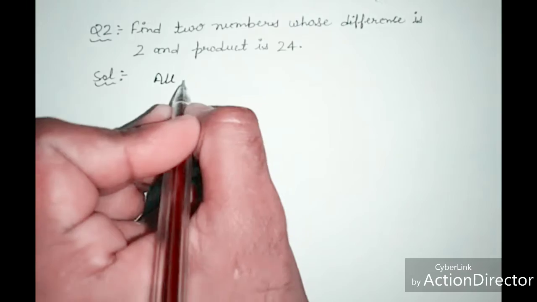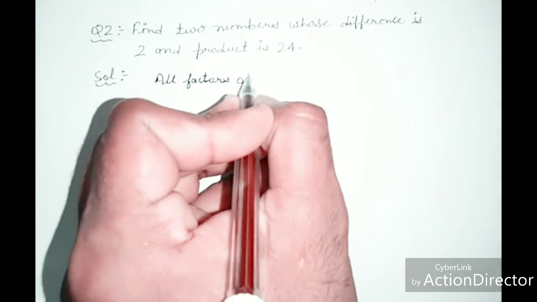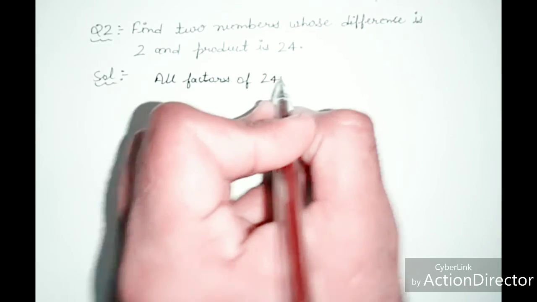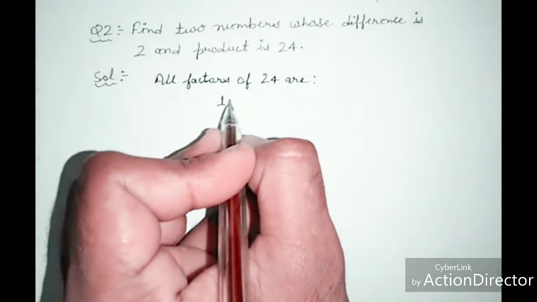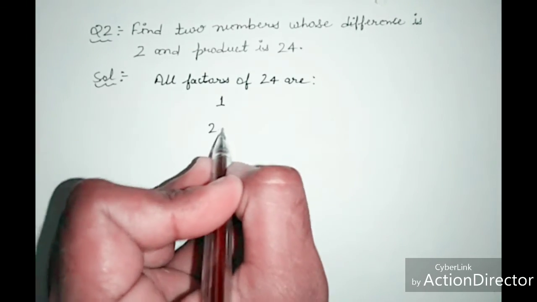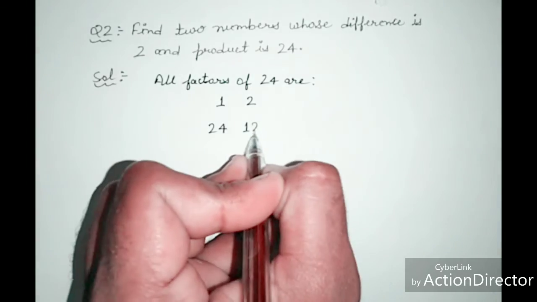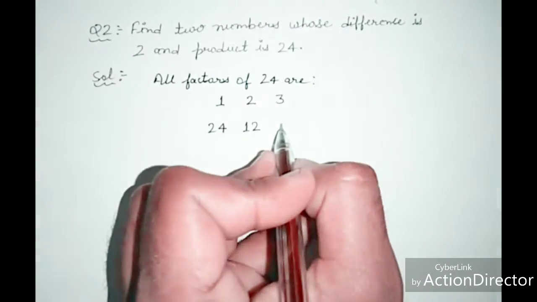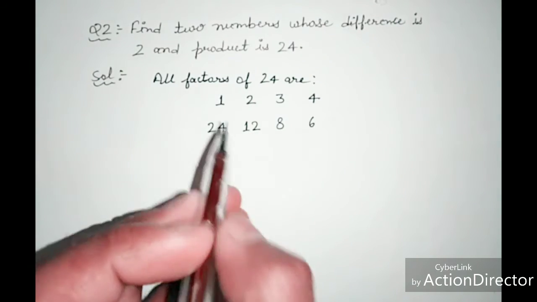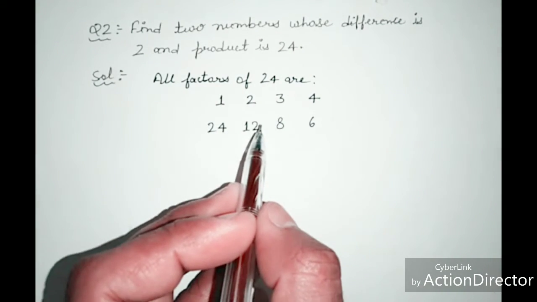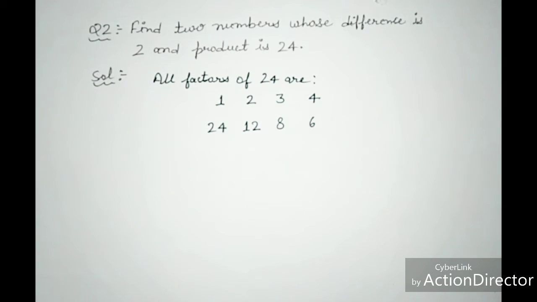So all the factors of 24 are 1 multiply by 24, then 2 multiply by 12, 3 multiply by 8 and 4 multiply by 6. 24 ones are 24, 12 twos are 24, 8 threes are 24 and 4 sixes are 24.